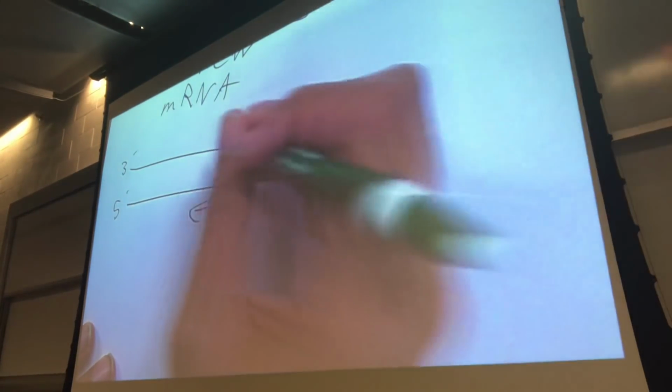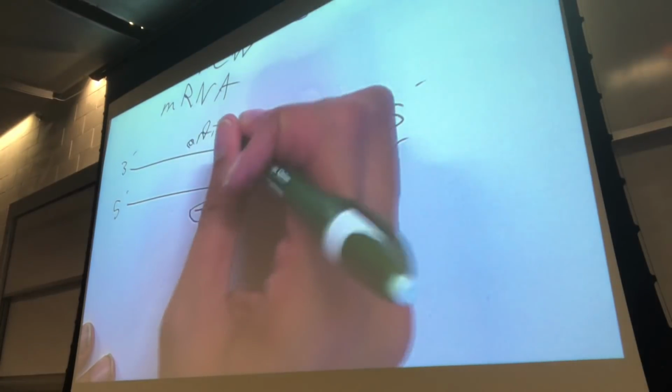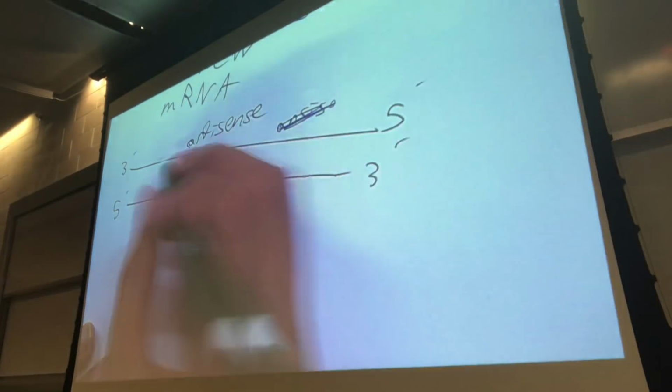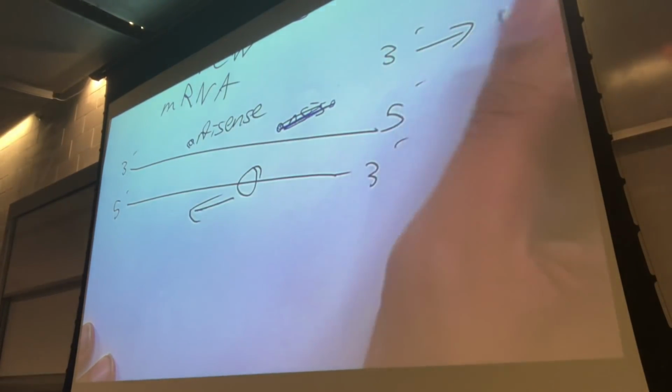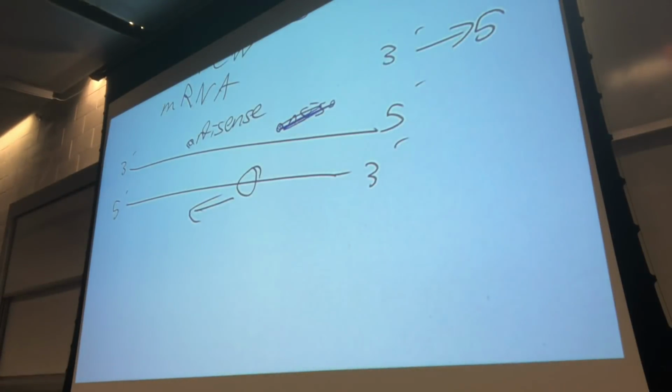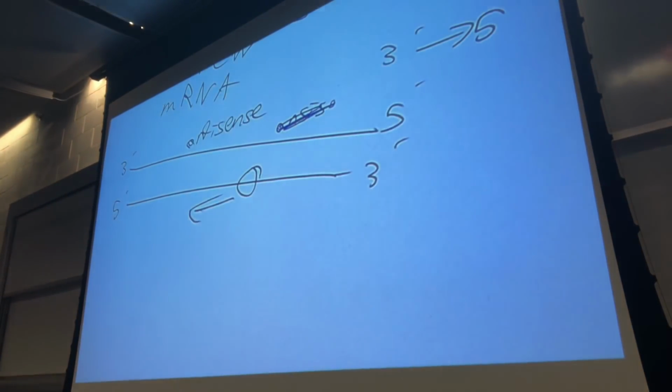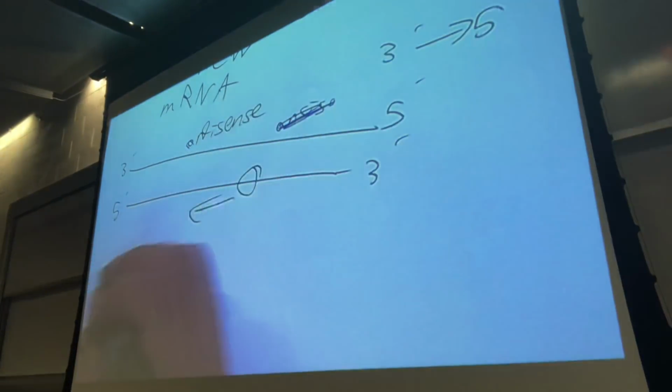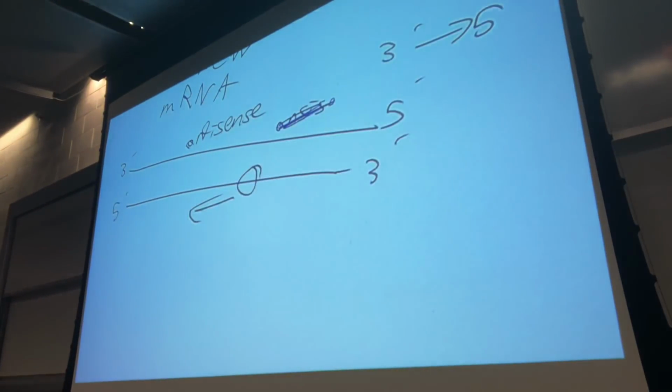Whoops. Right? Because it said 3' to 5' must be your antisense strand. It is very confusing, so I would just look at where the template strand is. That is your antisense strand. So it's an old notation.